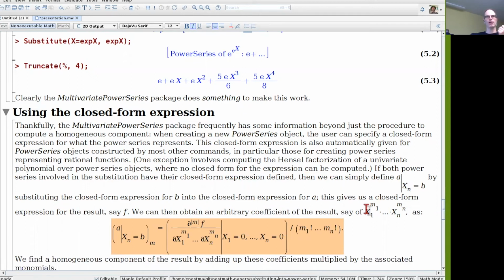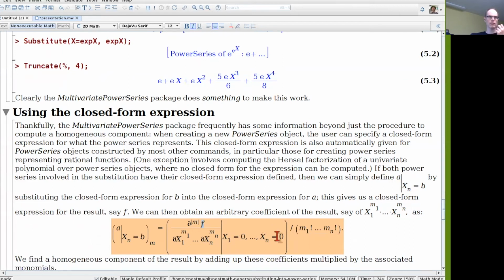And if we want to find an arbitrary coefficient of the result, say x1 to the m1 times ... times xn to the mn, then we take that closed form expression f and differentiate it m1 times with respect to x1, etc., and mn times with respect to xn. And in the result, we substitute x1 equals 0, etc.